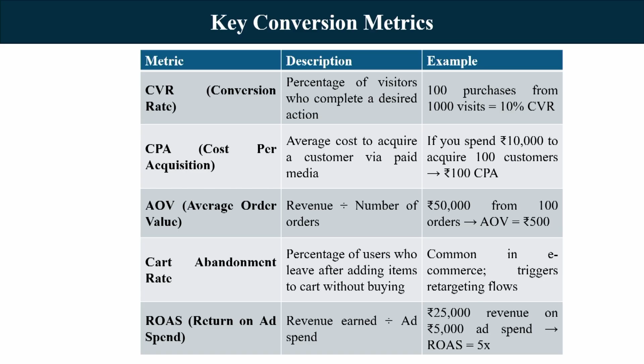Then next one is the CPA. CPA means cost per acquisition. Sometimes a similar metric is used, which is called CAC, that we have described in one of our previous sessions, that was customer acquisition cost. What is it basically? It is the average cost to acquire a customer via paid media.